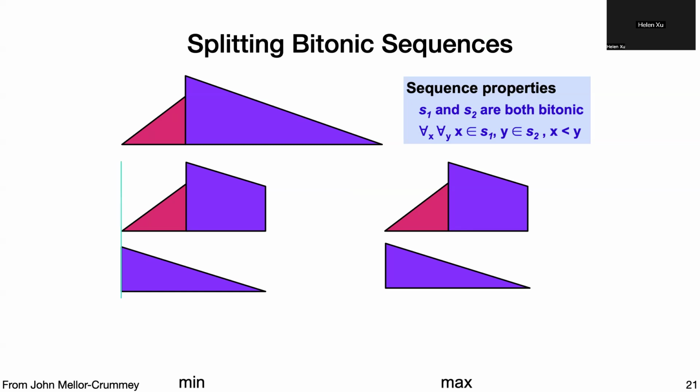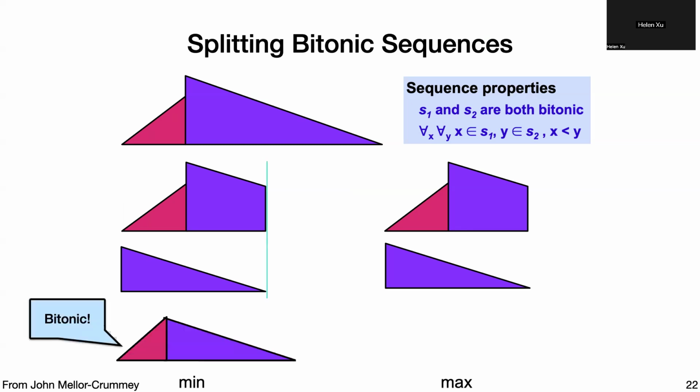Okay, so first we're going to construct Lmin, or S1, they called it here. So we start here, and then we start walking this way. And this is cool because this one is increasing, and then this one is decreasing, and we know by the way that this was constructed that eventually once we get here, we're going to have to switch over to here because there is some point at which these match.